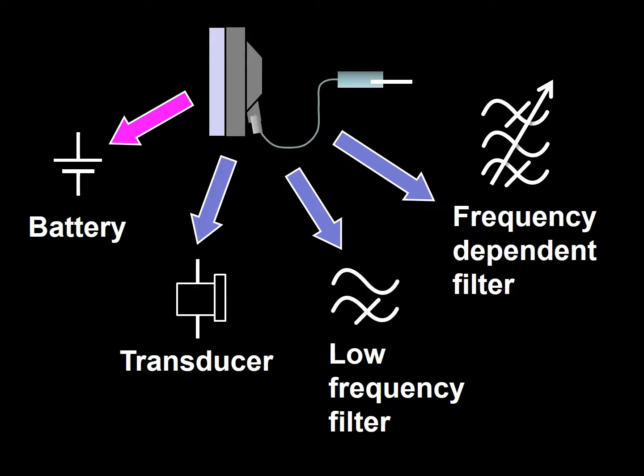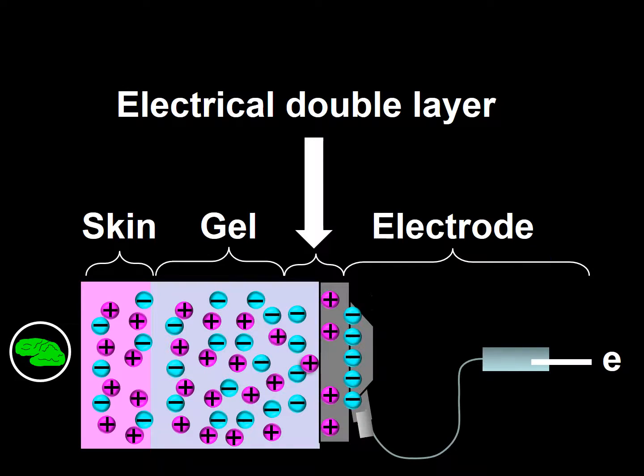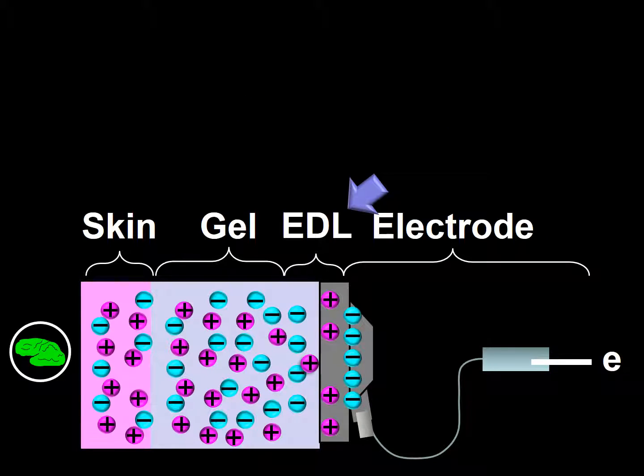I will further elaborate on this point by introducing a familiar figure. You have seen this figure multiple times. The main point I want to make at this time concerns the electrical double layer, to which I will refer for this frame as EDL, using the initial letters of each word.